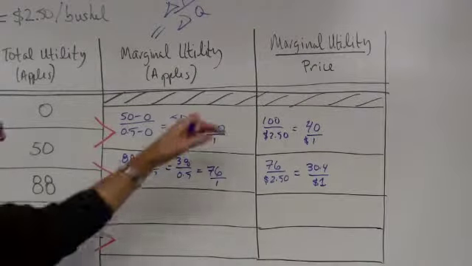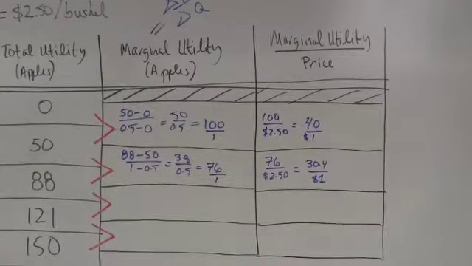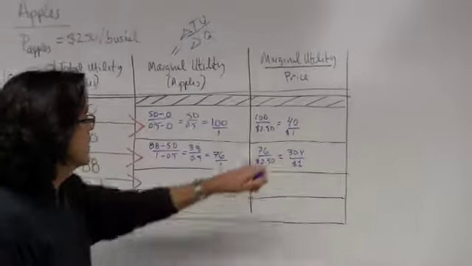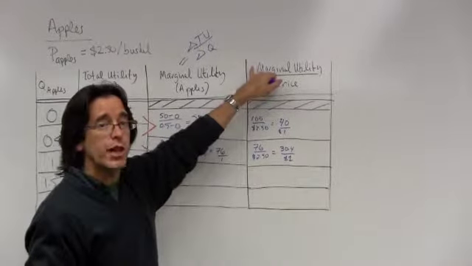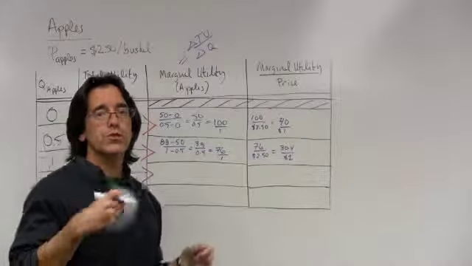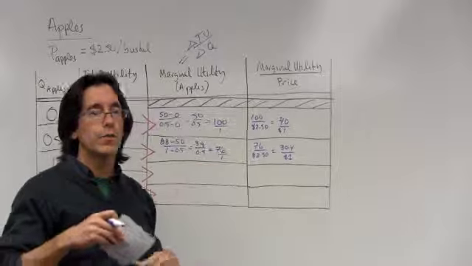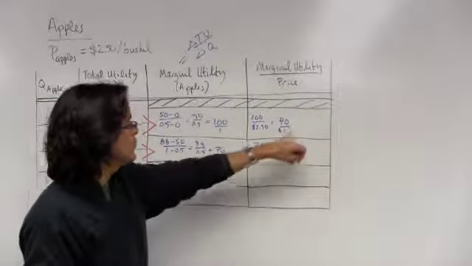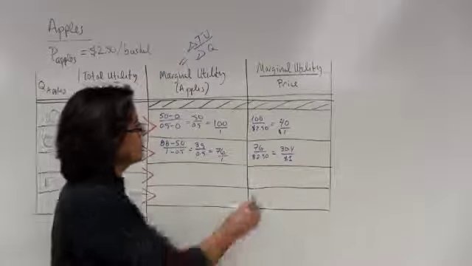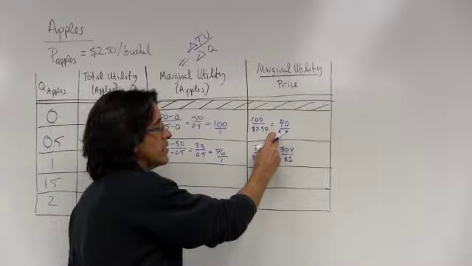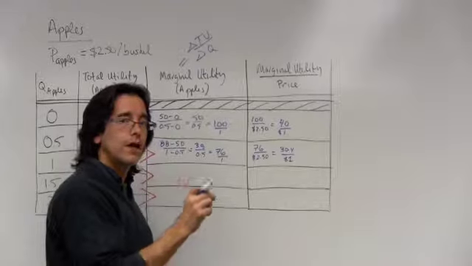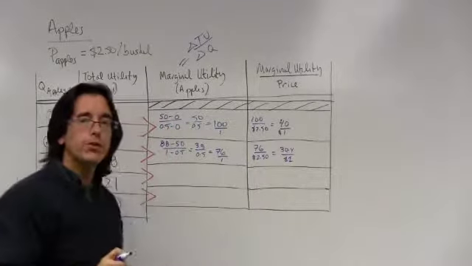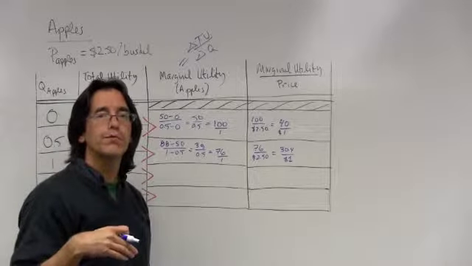Okay, so now we have two different ratios of marginal utility to price. What does this tell us? Because we're dealing with a change in utility that results from the consumption of a good, we can look at all the steps. We'll just do the straight interpretation first. If I spend another dollar on apples, then I would expect my utility to increase by 40 units.